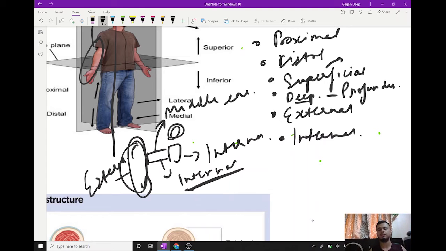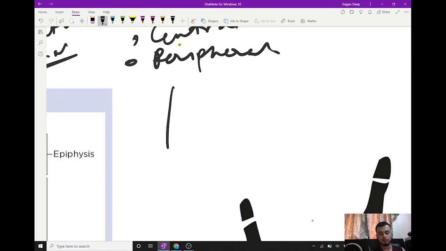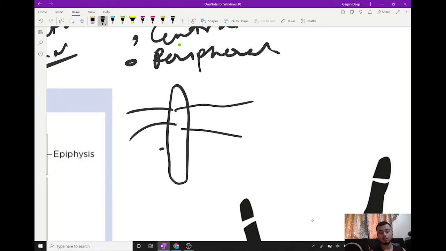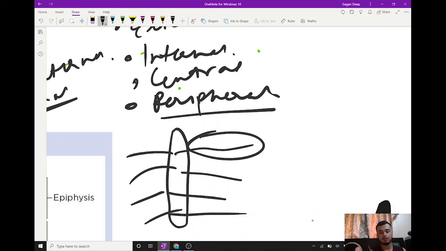Now central and peripheral, which is the most simple one. First I'll list it and then I'll cover it in a second or two. We have a spinal cord inside our body, and through it the nerves are emerging constantly and going to different parts of the body. The thing which is located in the center is known as central, and the things which are located on the outside are known as outer or peripheral. So these nerves are peripheral, and the spinal cord, which is located in the center, is known as central.